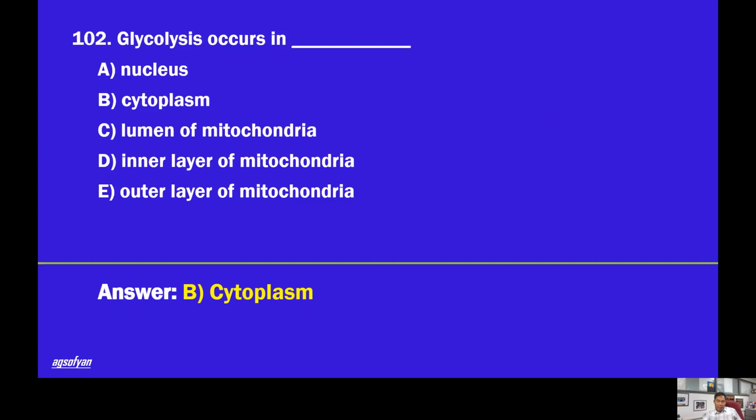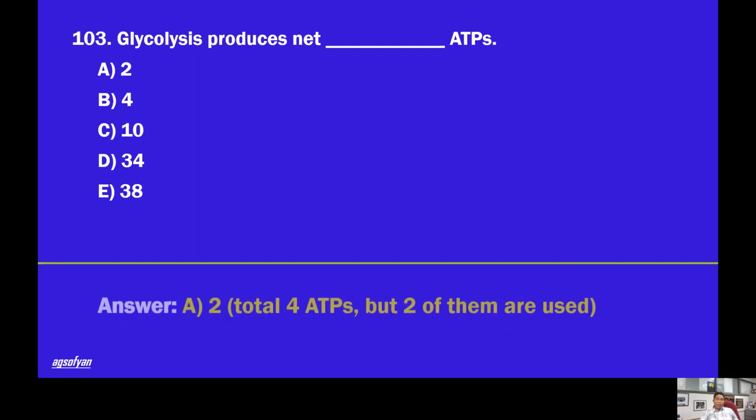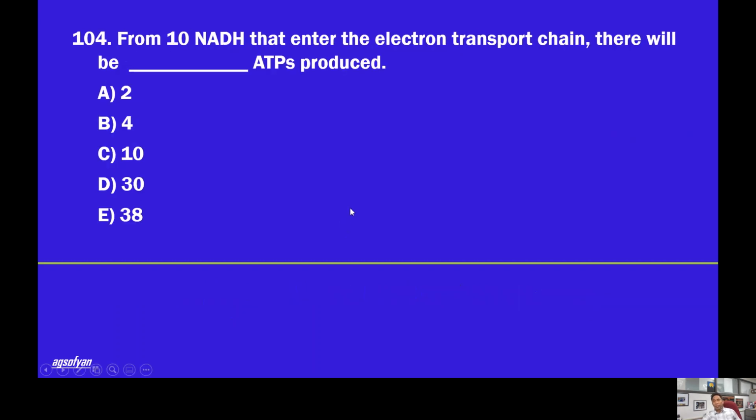Okay, so glycolysis happens in the cytoplasm. 103. Glycolysis produces a net of how many ATPs: 2, 4, 10, 34, or 38? Answer is 2. Okay, total 4, but 2 will be used. So the net will be 2 ATPs.